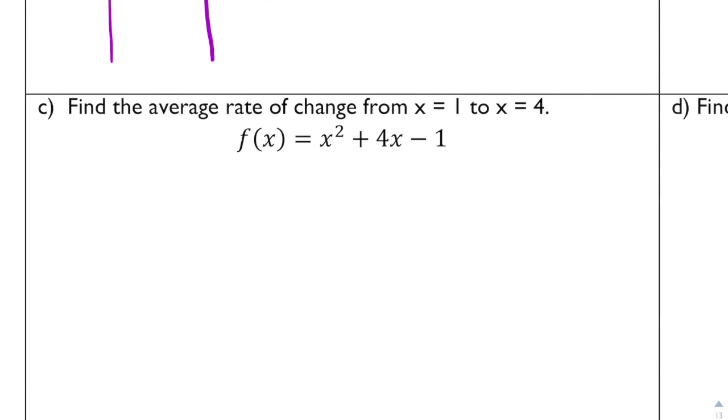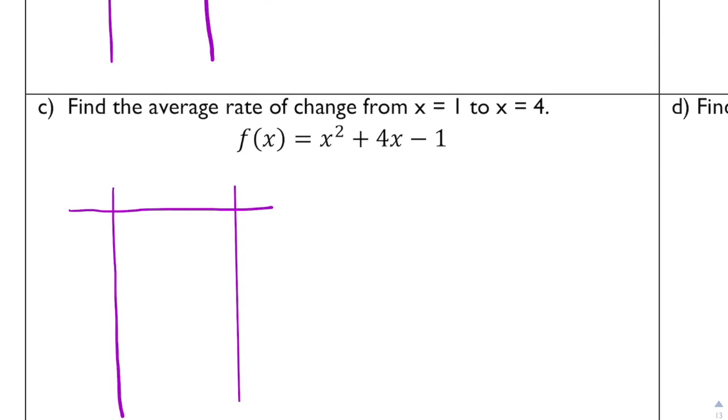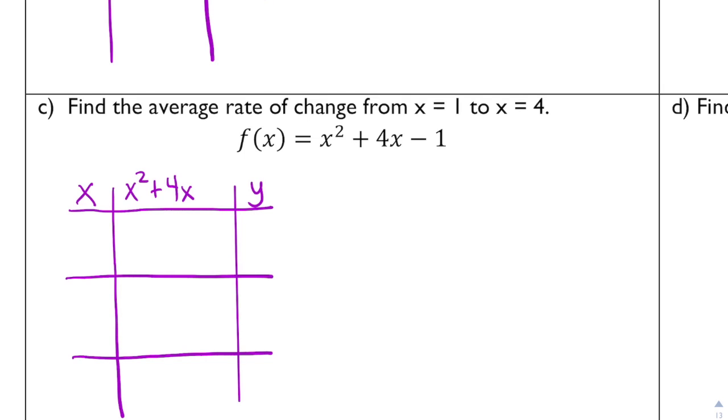So let's do our table first. Our input column, a little wider at the top for our equation, x and y. Then we put our equation at the top, x squared plus 4x minus 1. Just pay attention to those x's and the fact that the first one is squared.